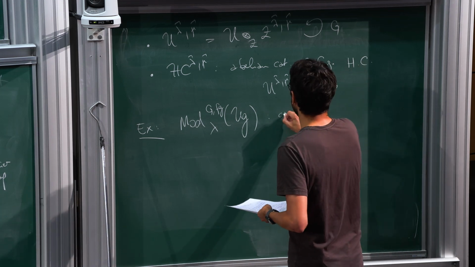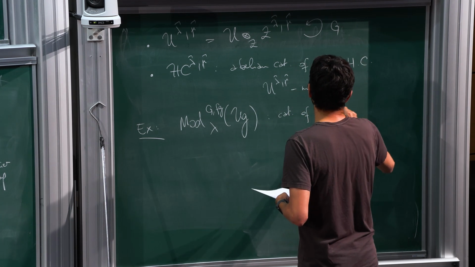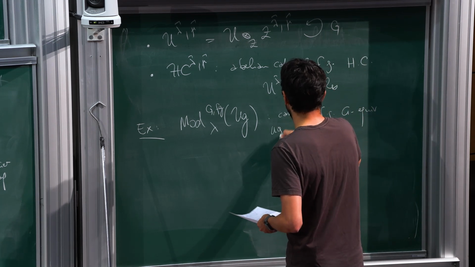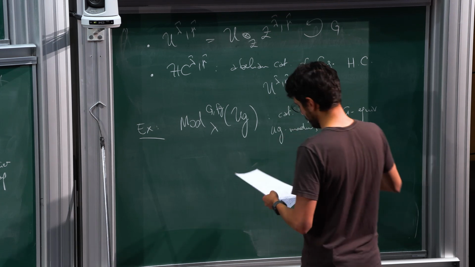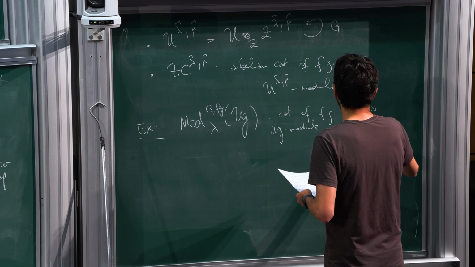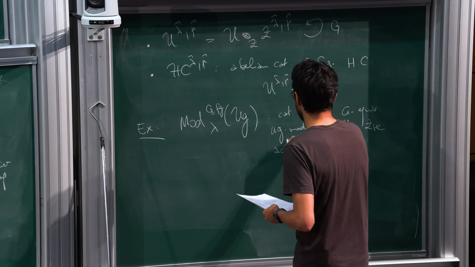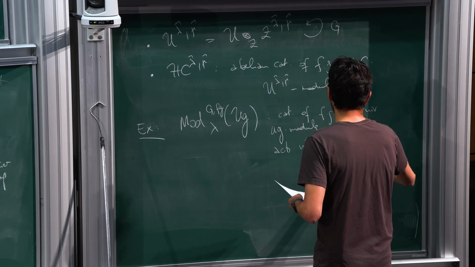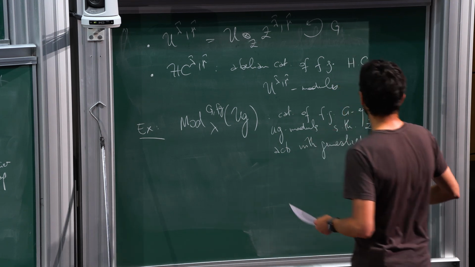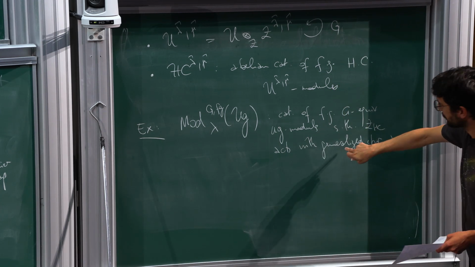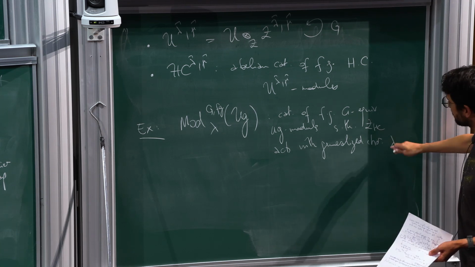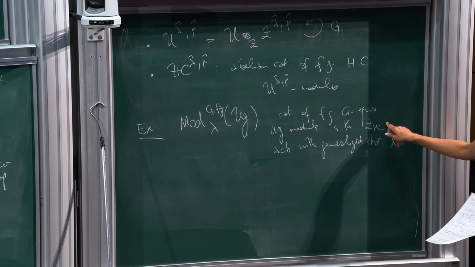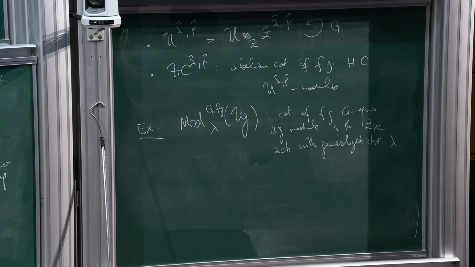This is the category of finitely generated G-equivariant UG modules such that the Harish-Chandra center acts with generalized character lambda. By this I mean that the kernel of the character acts nilpotently on such modules.